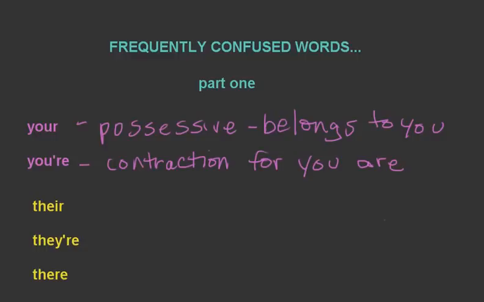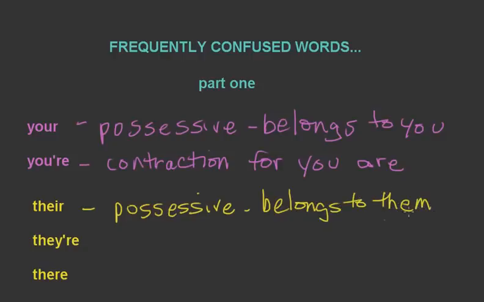These next are also very frequently confused, and they are their, they're, and there. With the first one, we have a possessive. In this case, something belongs to them.